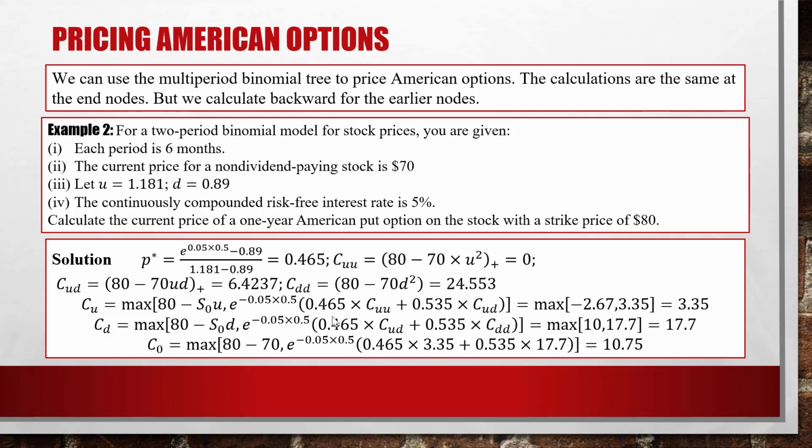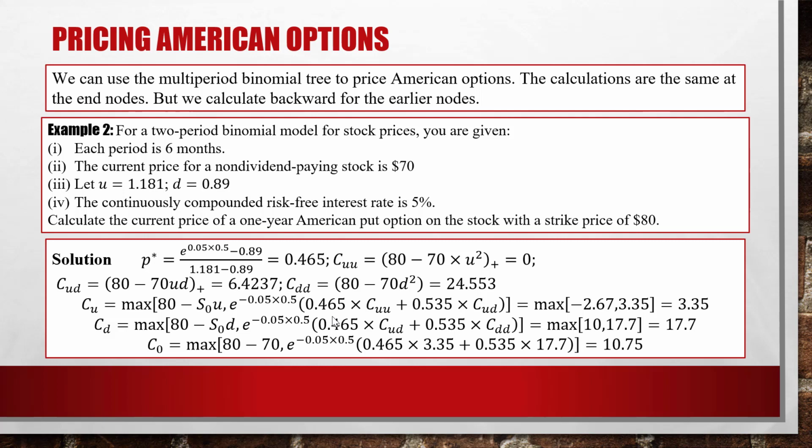Then we use the payoff formula to find the payoff at time 2: CUU, CUD, and CDD. Remember, this is a put option, so the payoff should be the positive part of the strike minus the price, and 0. For CUU, the price should be 70 times U squared, and the strike is 80.